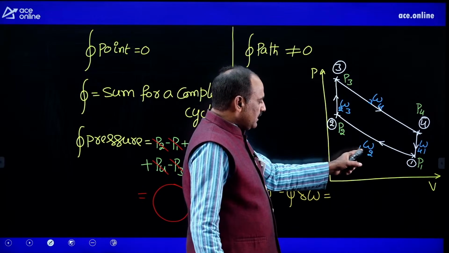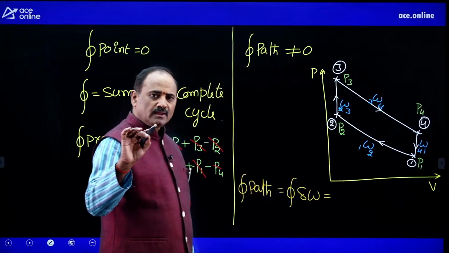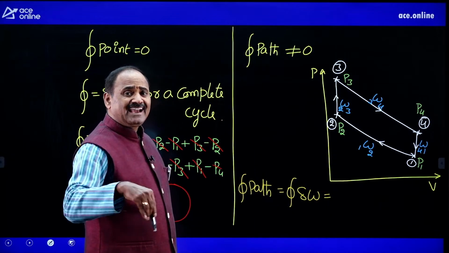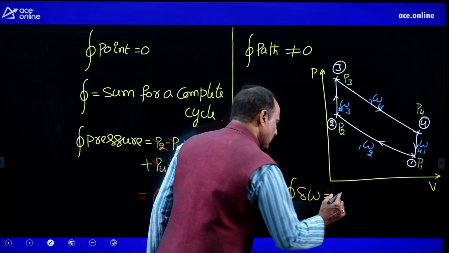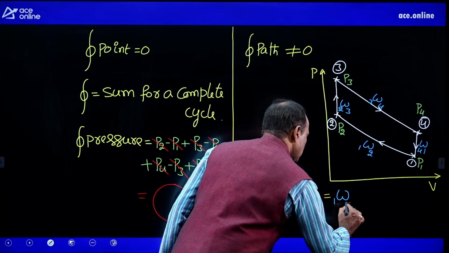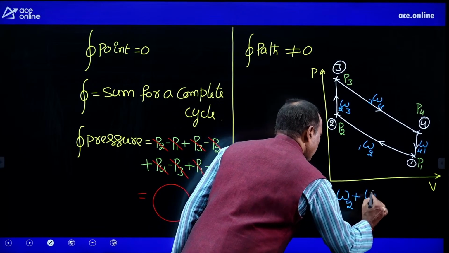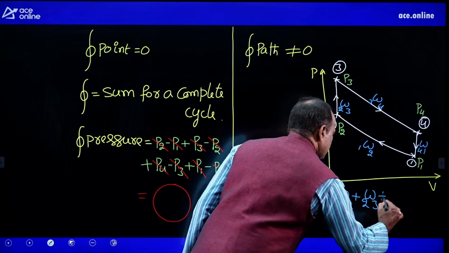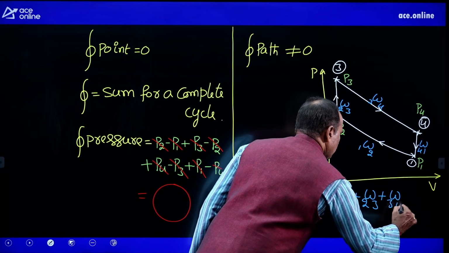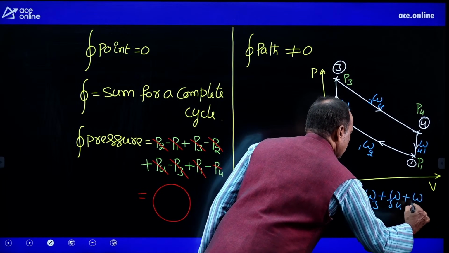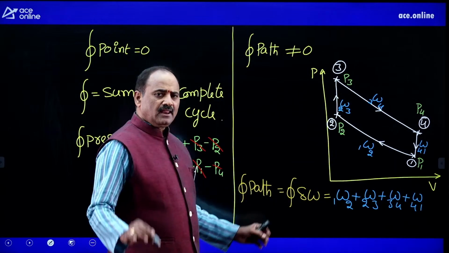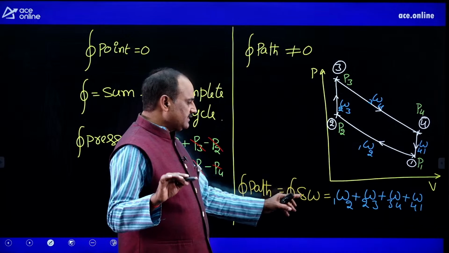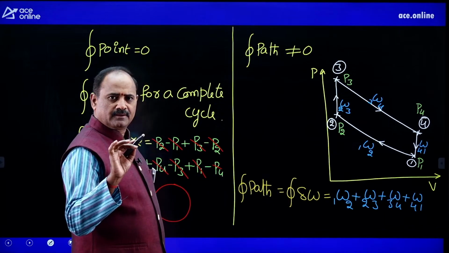Here you should not write W2 minus W1 because work depends on the path followed by the process. So the cyclic integral of thermodynamic work means work for 1 to 2 plus work for 2 to 3 plus work for 3 to 4 plus work for 4 to 1. That is the meaning of the cyclic integral of a path function quantity like thermodynamic work.